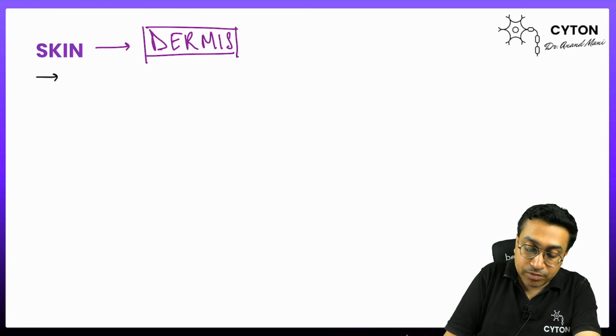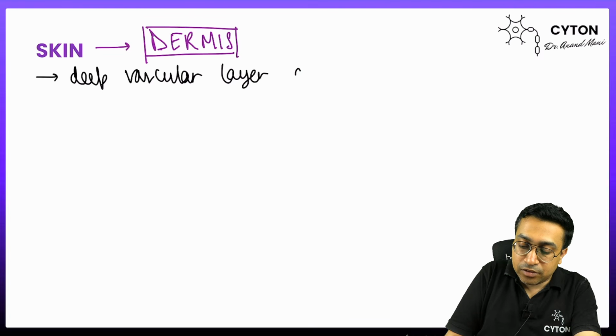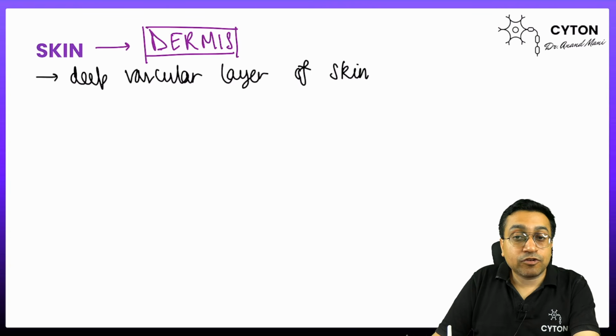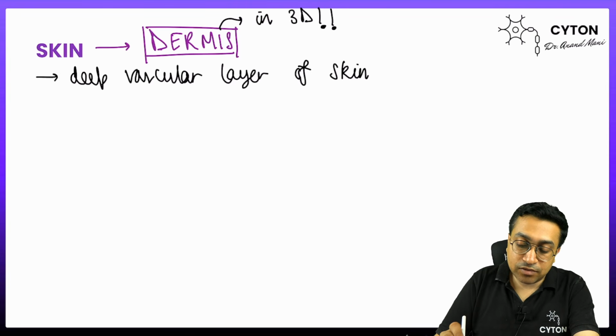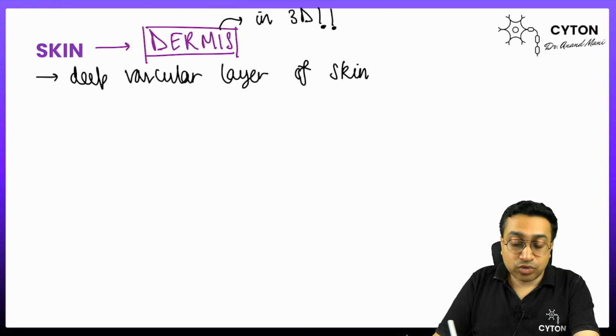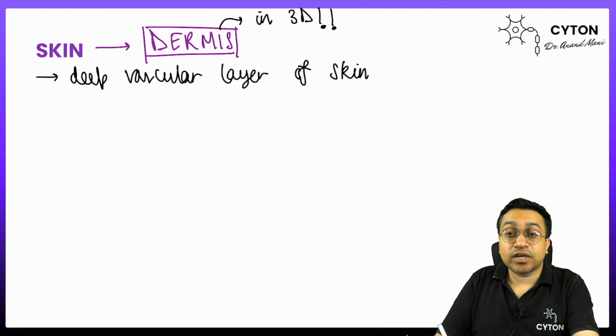First point to remember, it is a deep vascular layer of the skin, and this is made up of connective tissue containing collagen bundles, blood vessels, lymphatics, nerve fibers. It also contains erector pili muscle, we saw in 3D also. We have seen this in 3D, and it also contains the erector pili muscles and the hair follicles.